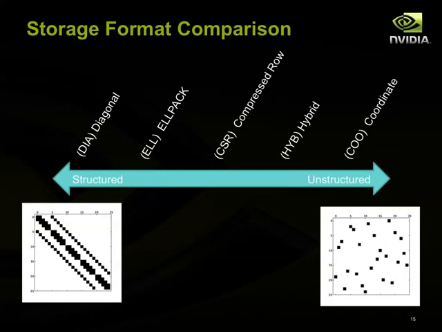Okay, so as I sort of hinted at before, there's a spectrum of regularity. We have completely unstructured things where we know nothing about the sparsity pattern and we really can't exploit anything about it. And on the other extreme, we have the diagonal format with lots of regularity and a very compact storage scheme, and lots of things in between.